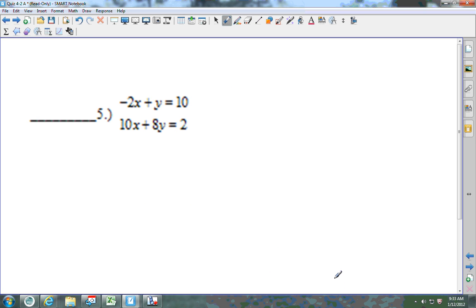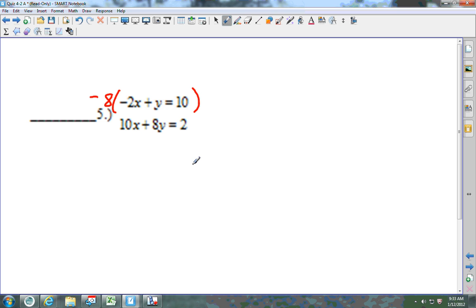The next one. If I go through and look at this one, let's remind ourselves what we could multiply by in order to solve it. If I wanted to get rid of the y's first, what number needs to be up here for the y's to cancel out? They're both positive, so it needs to be a negative 8.